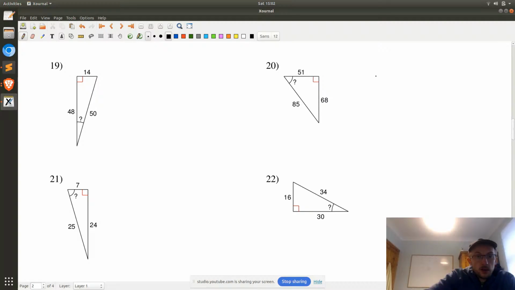Here, you can use whatever you want. So I'm going to use the tangent function. So 14 over 48. About 16 degrees-ish.